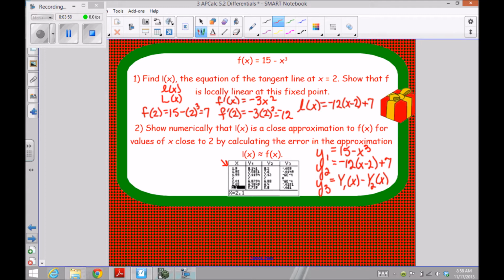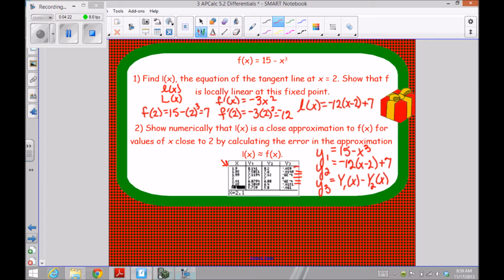And so you can tell right here at 1.9 my error is negative 0.059. So a little bit of error, but not a ton. As I get in closer, negative 0.01. Negative 6 e to the negative 4th. In other words, move that decimal back 4 places, so 0.0006. No error whatsoever at the point of tangency.